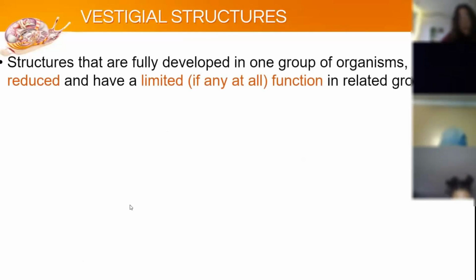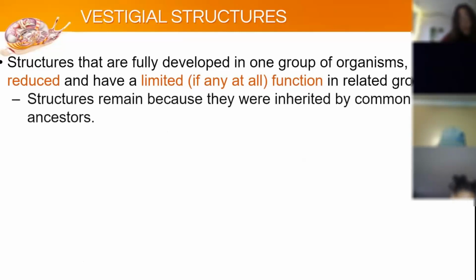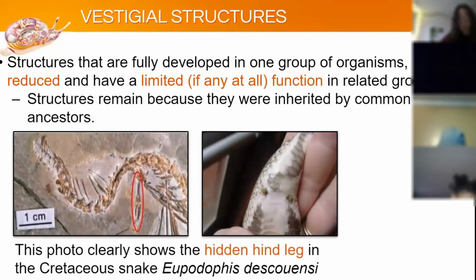Vestigial structure, Corbin told us a little bit about the vestigial structure. They've been reduced over time, often referred to as disuse. So the fact that the structure remains shows us that the DNA for that structure exists, and therefore that individual got that DNA from a common ancestor with some other organism that actually has that feature, right?